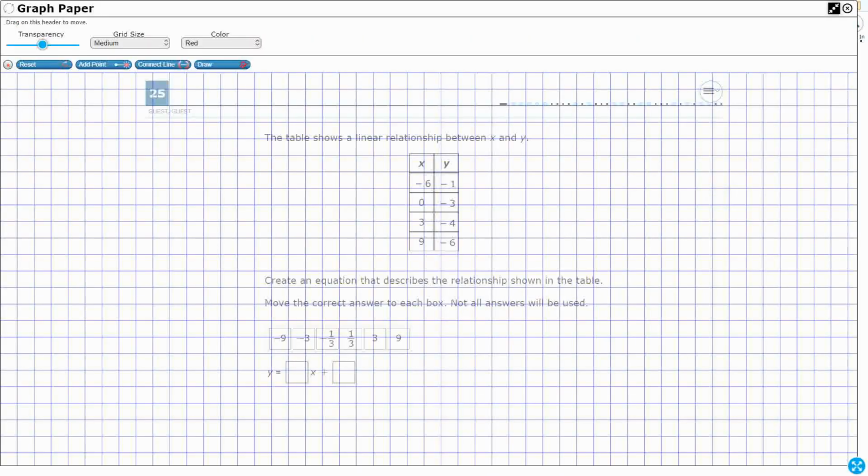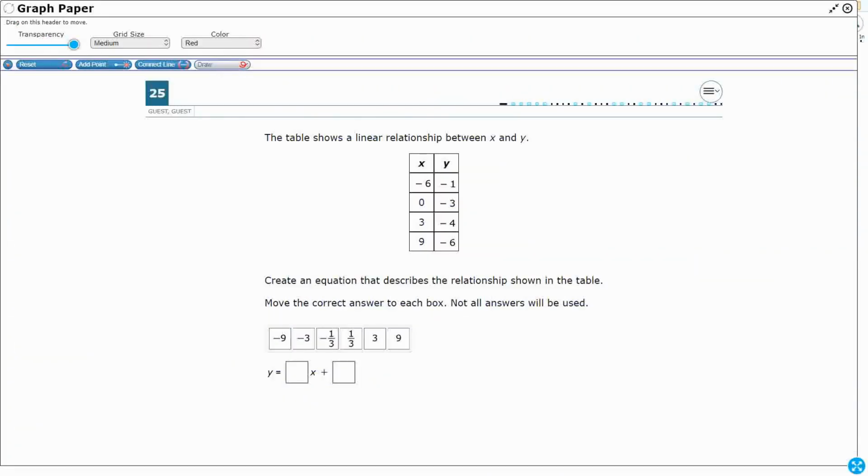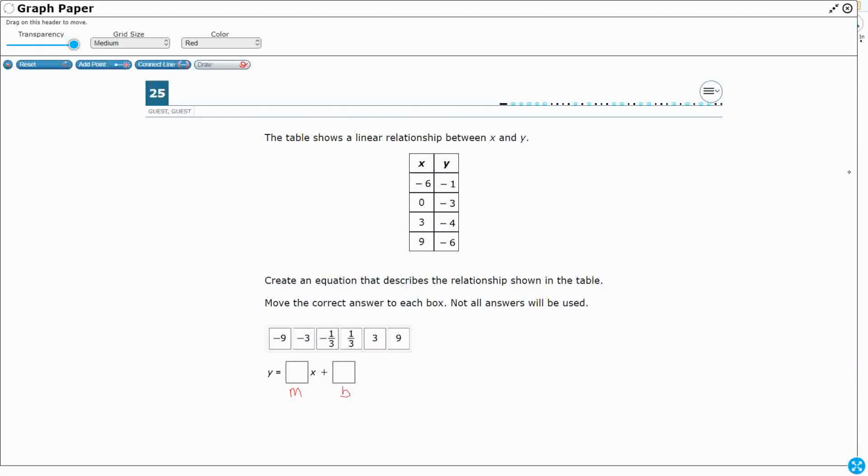So let's open this up. All right, so y equals mx plus b. So we need to find both the m and the b. Well, the b, that's going to be our y-intercept. So the y-intercept is the place where the graph crosses the y-axis when x equals 0. Sometimes we have to calculate that by hand, but take a look.